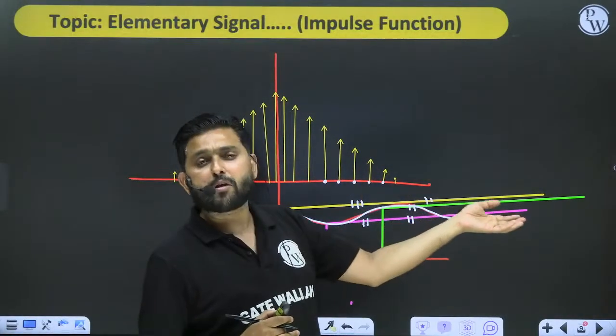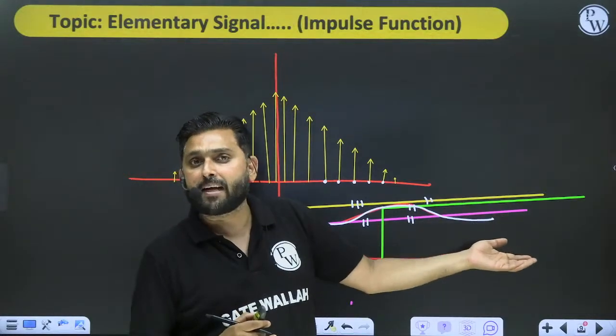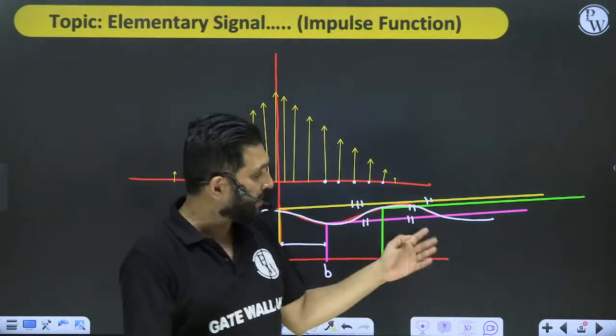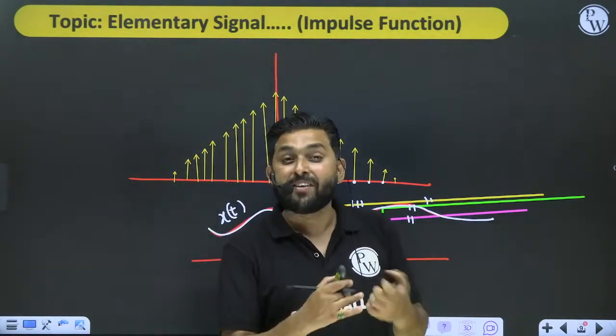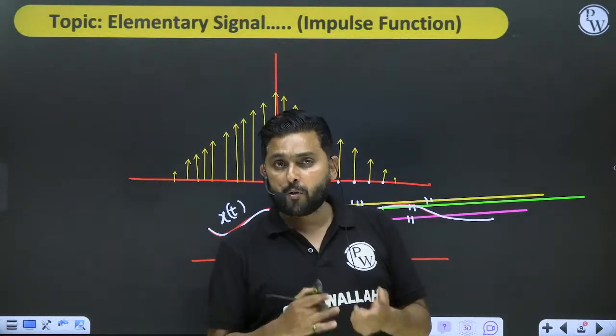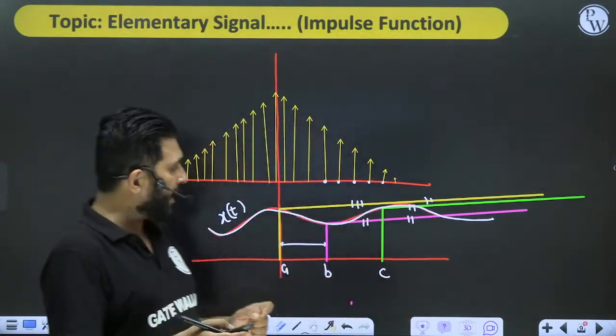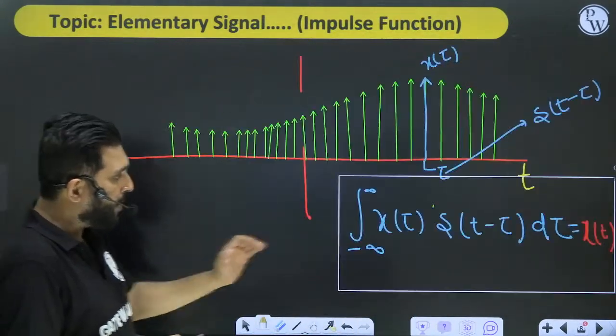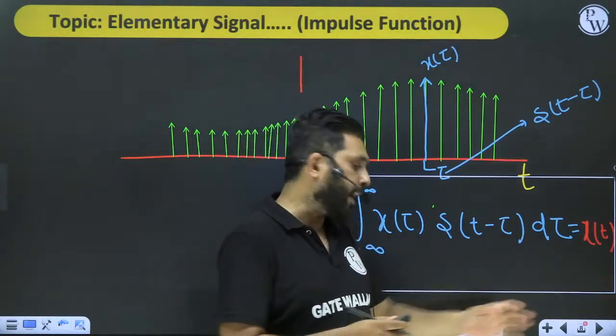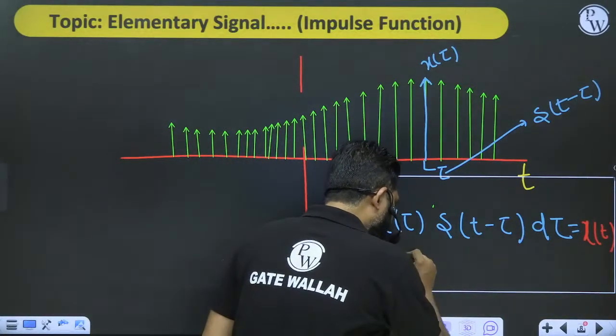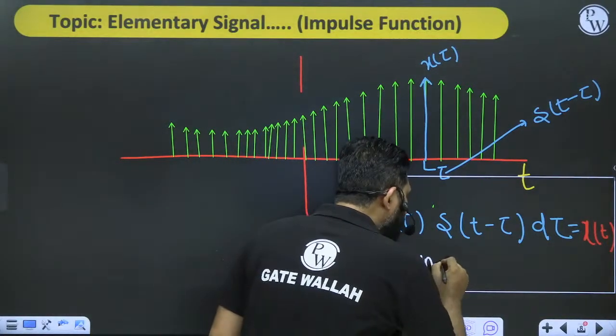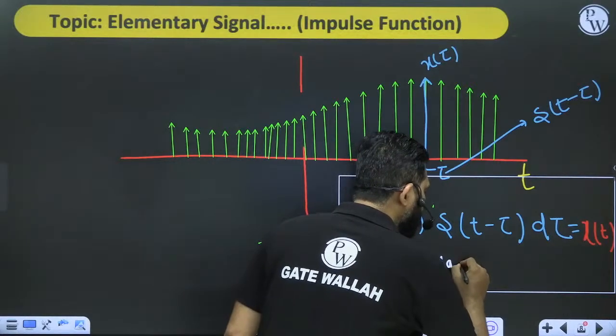But step is not the right candidate, because step has a finite width and there's an interaction between the widths. You understand my point or not? That is the reason why this is a fundamental for a linear time invariant system.